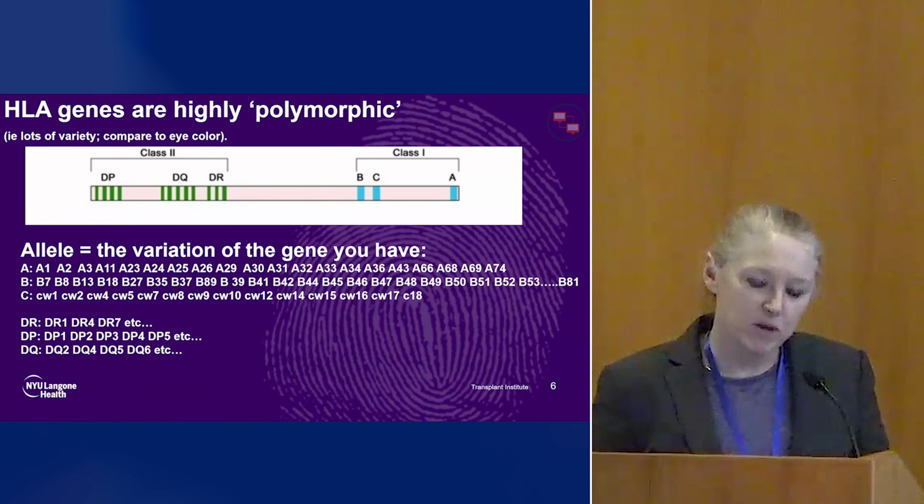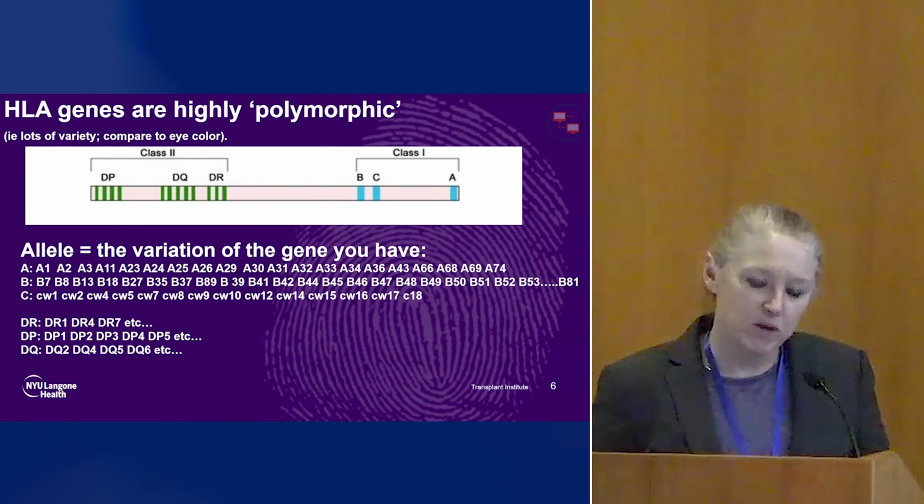But if you look at the HLA genes, A, B, C, DR, DP, and DQ, what are listed here are the really very creatively named alleles. So in the A locus, you can have an A1, A2, A3, et cetera, and you get the idea. But there are an extraordinary number of potential alleles that individuals can express at each one of these genes. And so you start to understand how the combinations of these can be nearly infinite.